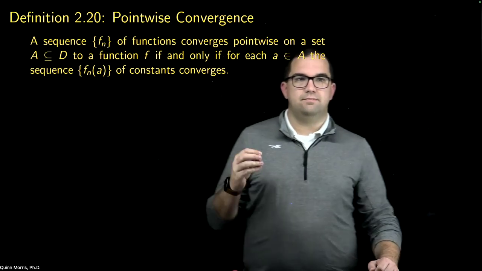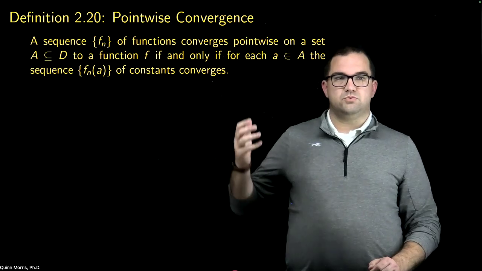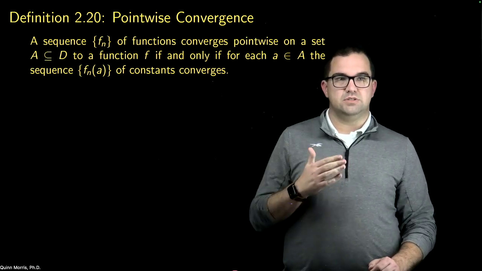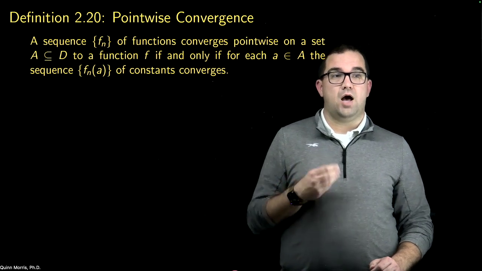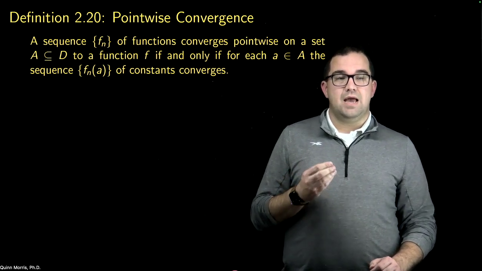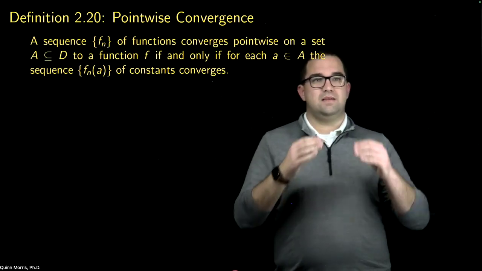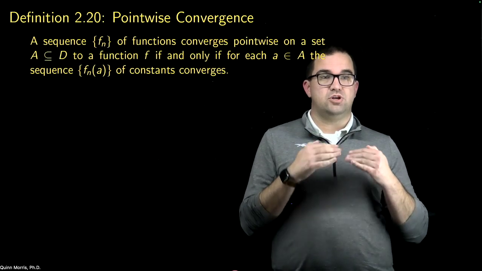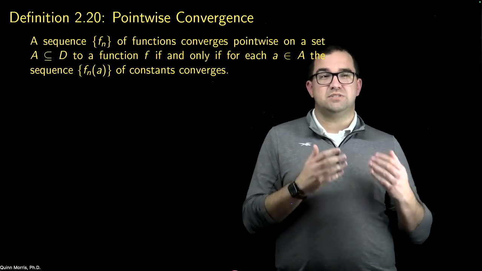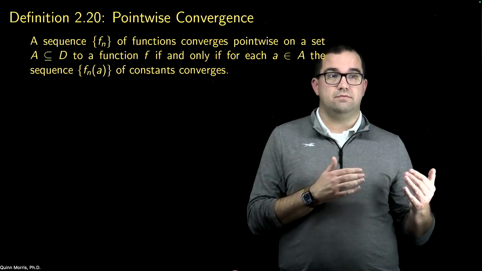So said another way, what we're looking at is a sequence of functions. The sequence of functions each must be defined on a common domain D. And we want to define what we mean for that sequence of functions to converge to some other function f on at least some subset of that common domain, right?